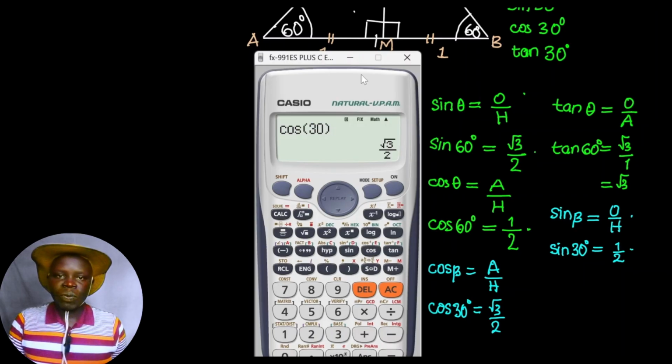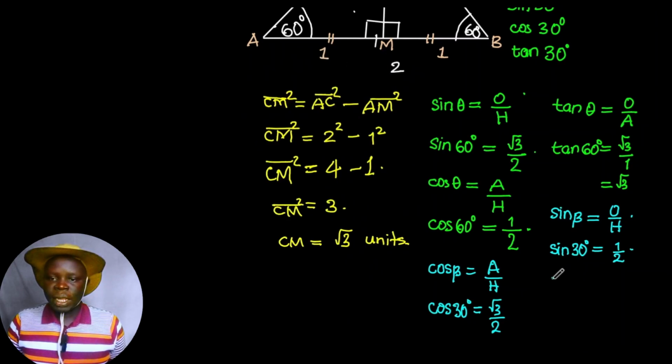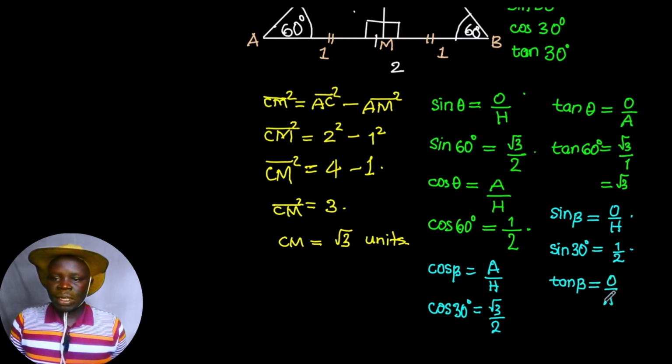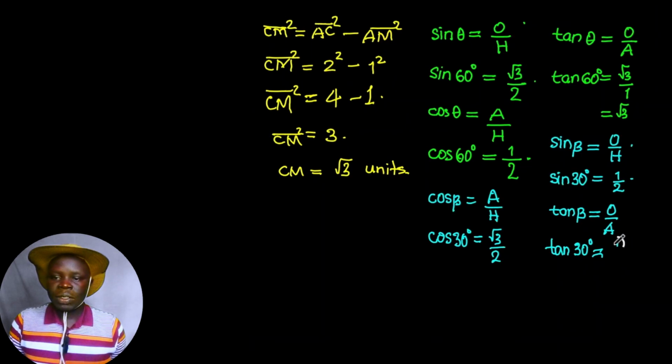Finally, we take a look at the last one, and that is tangent of any angle, given by opposite over adjacent. So with theta as 30 degrees, the opposite is 1, then the adjacent is root 3. When you look at this without a calculator, it will give you some slight difference, but of course they're the same.